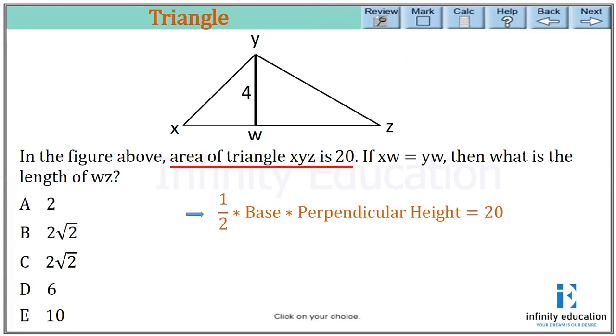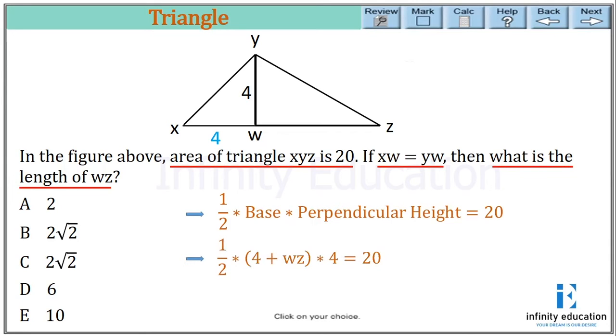We know the formula for the area of a triangle is half into base into perpendicular height, which is given as 20. Next, XW equals YW. So we are having YW equals 4, so XW should be 4. Now the question is, what is the length of WZ? So we have to find the value of WZ.